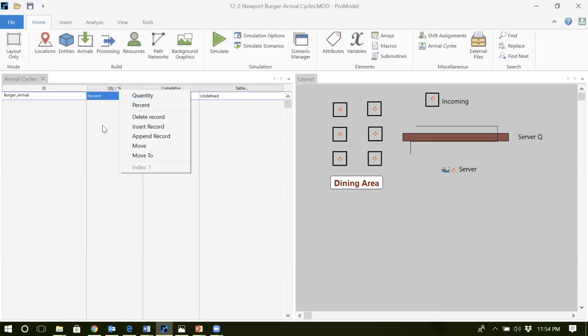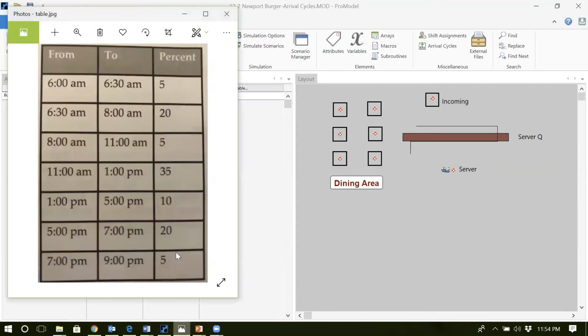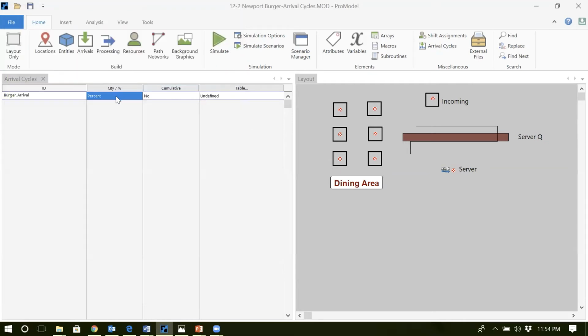However, that's not the case here. The numbers that we have here tell us the percentage of that 100 people on average that come to the system between 6 to 6:30 a.m. and so forth. So I'm going to pick percentage here. I'll talk about accumulate in a little bit.